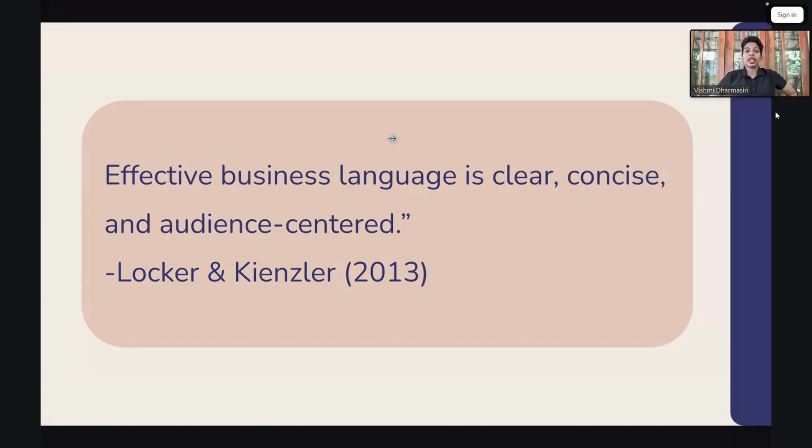Right. So, like I was saying, effective business language is clear, concise, and audience centered. What we are saying is that the audience is at the very center of all communication processes in a corporate or professional setting.